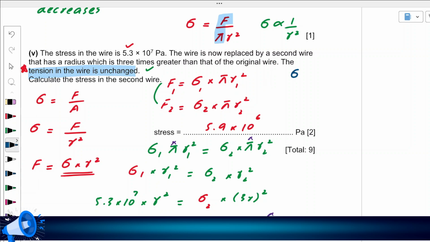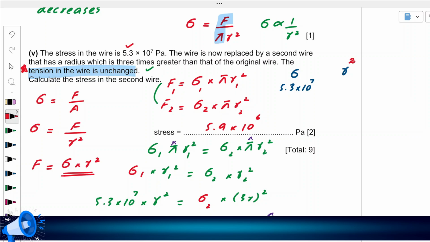So you can write stress here and you can write radius here. Afterwards, what is the initial stress? 5.3 into 10 raised power 7. What is the initial radius? First of all, you don't have the relation between stress and the radius, rather you have the relation between stress and the square of the radius.